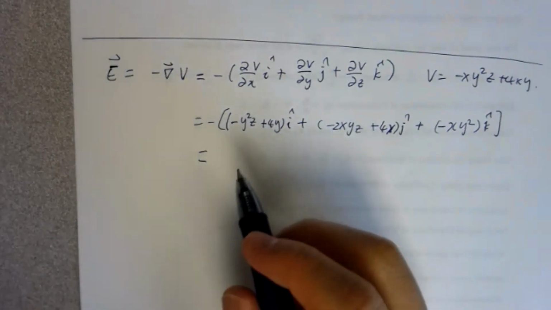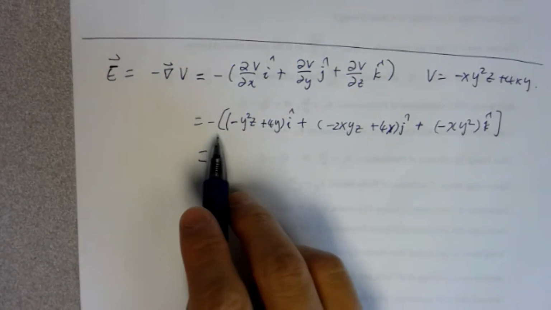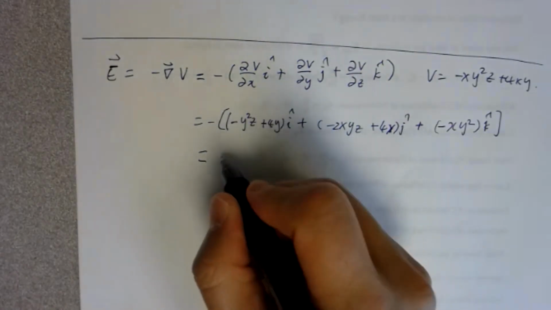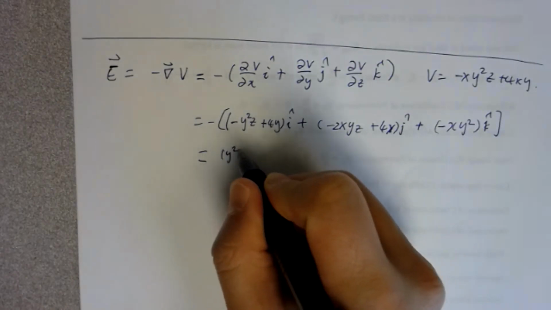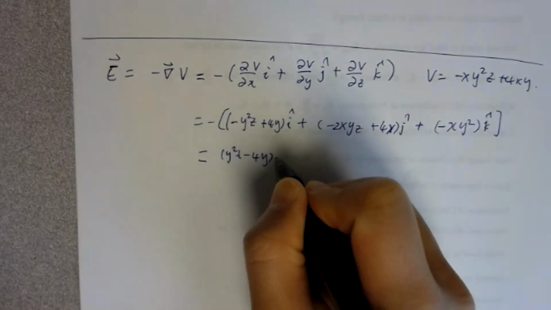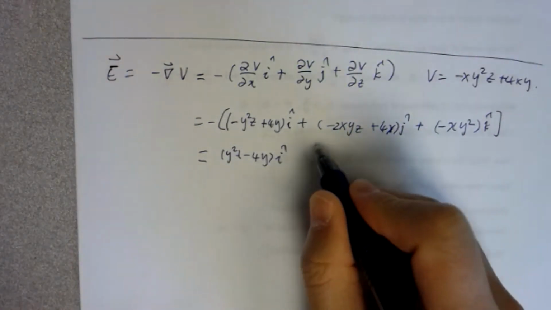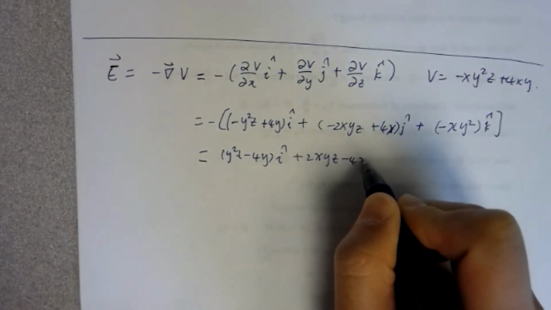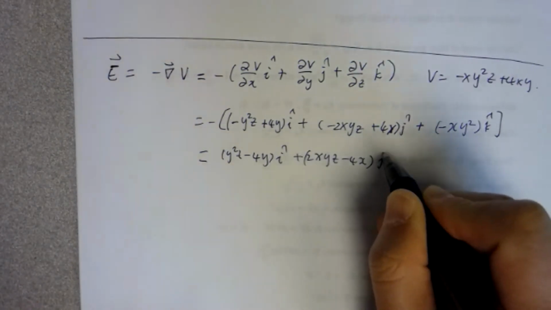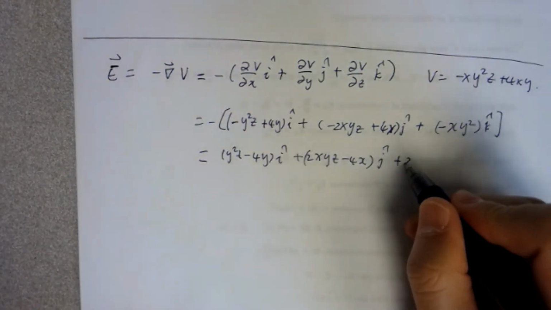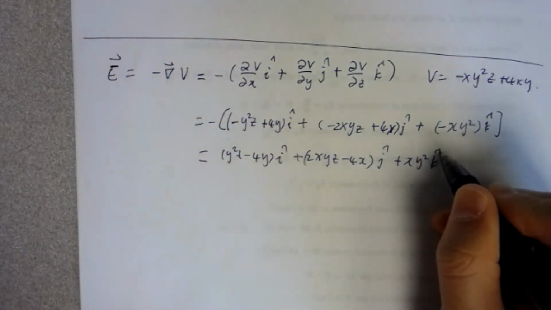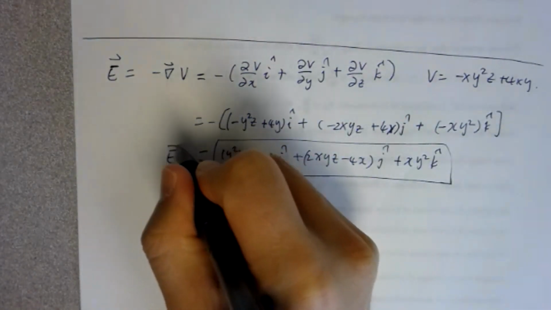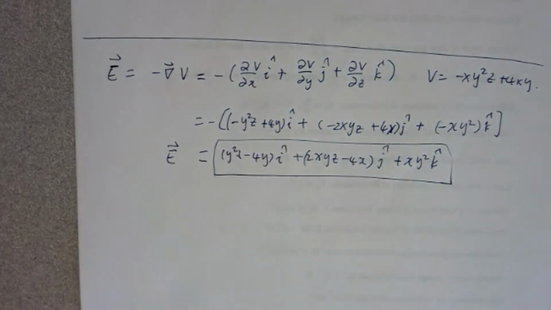Putting the minus into the square parentheses, the first term becomes y squared z minus 4y in the i direction. This becomes 2xyz minus 4x in the j direction, and that becomes positive x y squared in the k direction. So this would be your E field, in the x, y, z directions.